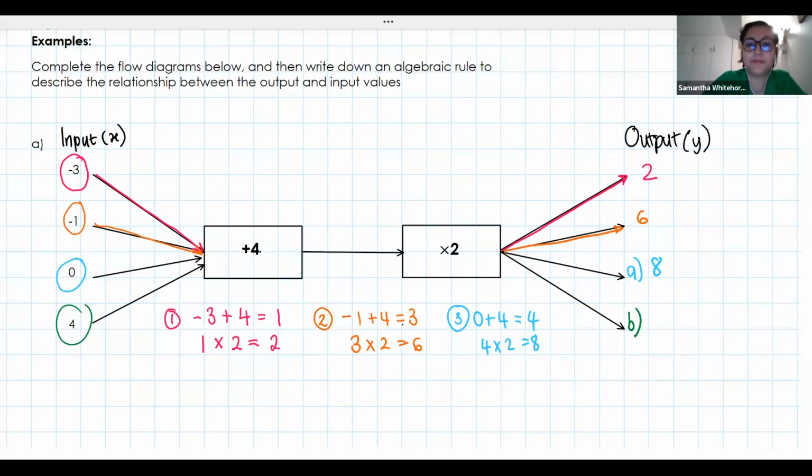There we go. 4 plus 4 times 2 equals 12. Okay, so let's just double check. So our last input, we've got 4 plus 4, which gives us 8. And then we want to say 8 times 2, which gives us 16. So really close. Well done. Good try. Our output there is 16.